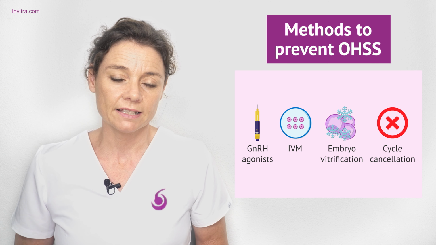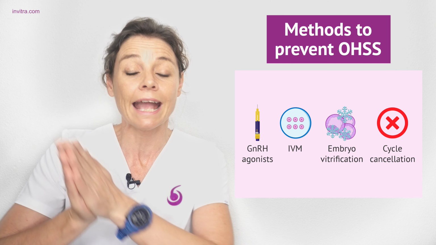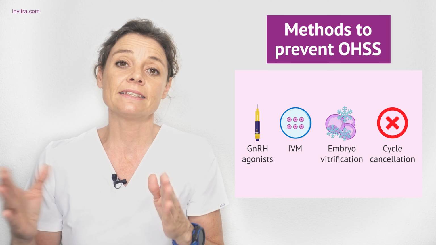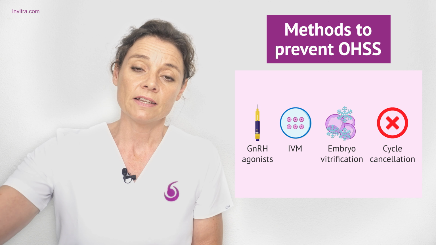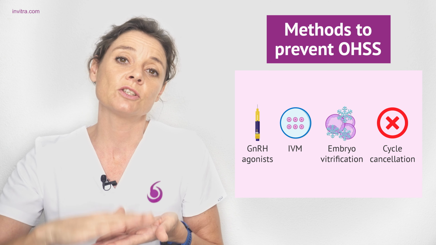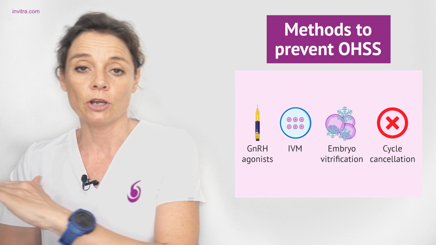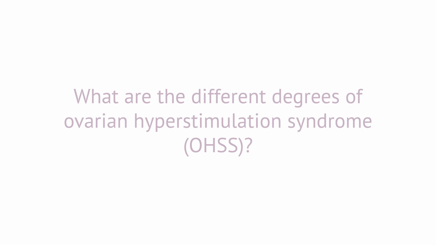If OHSS does develop, another option is to take the embryos and cryopreserve them via vitrification for future use instead of transferring them in this cycle. When the situation has cleared and the patient is now free from the OHSS, the embryo transfer can be programmed without any risks to the patient.